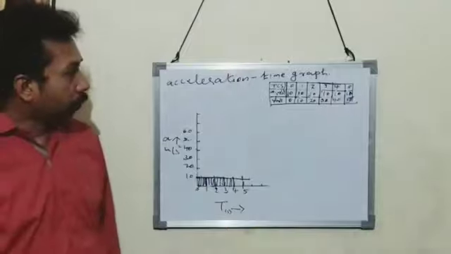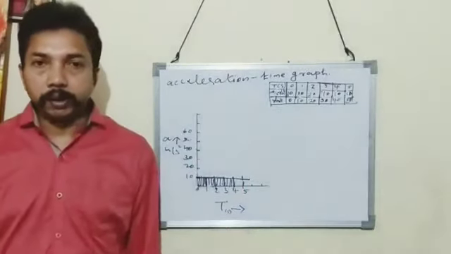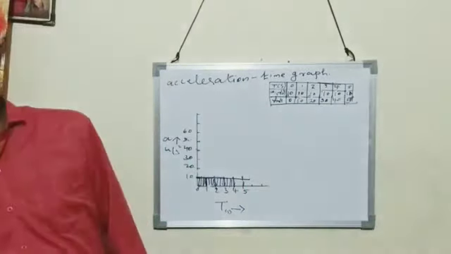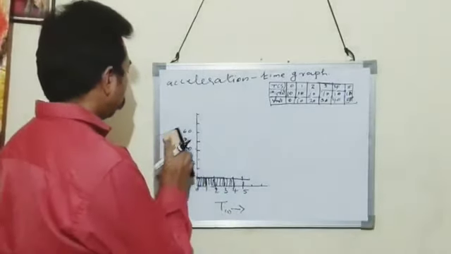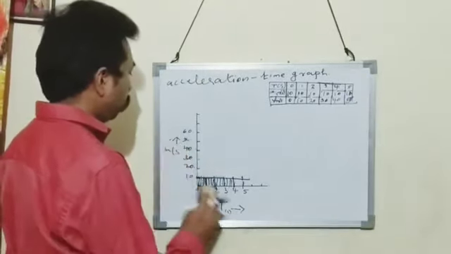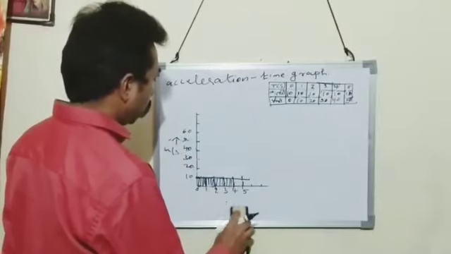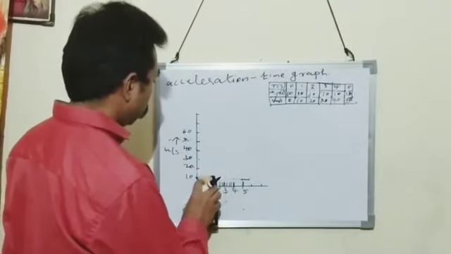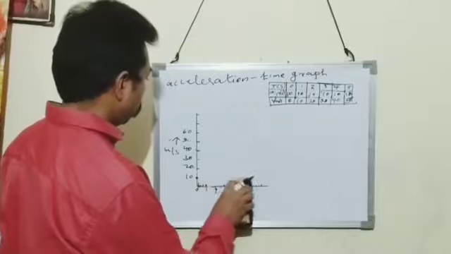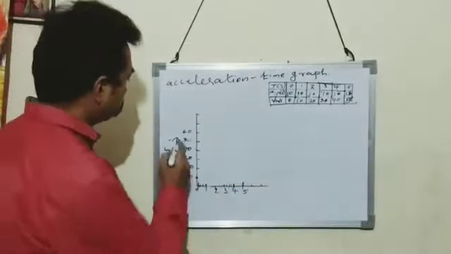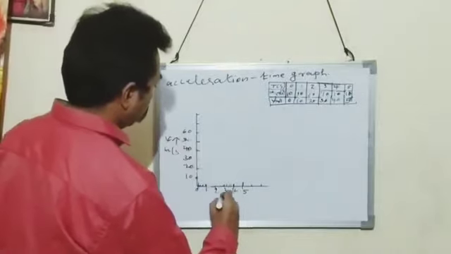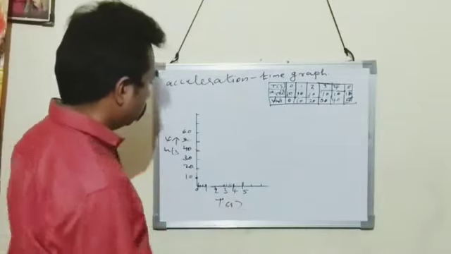Now we can plot these points on the velocity time graph.